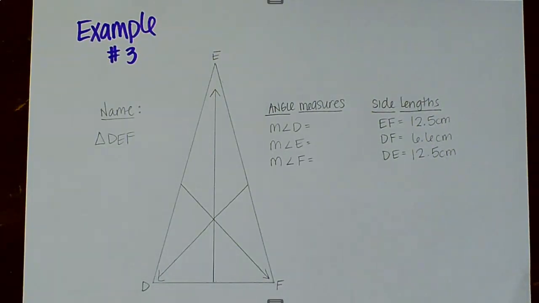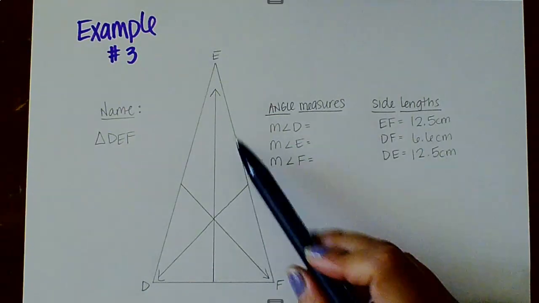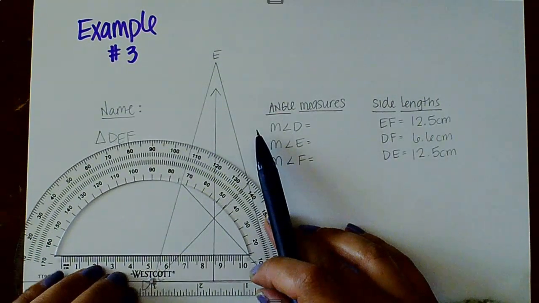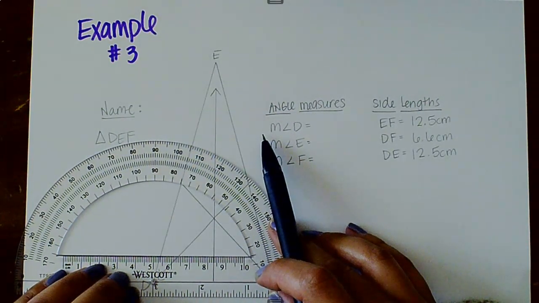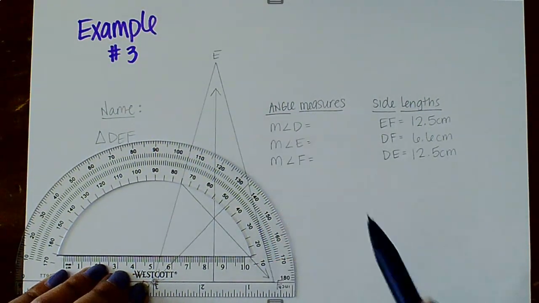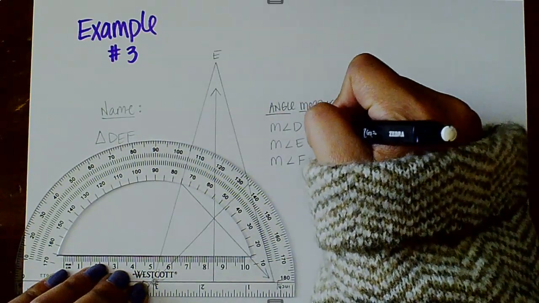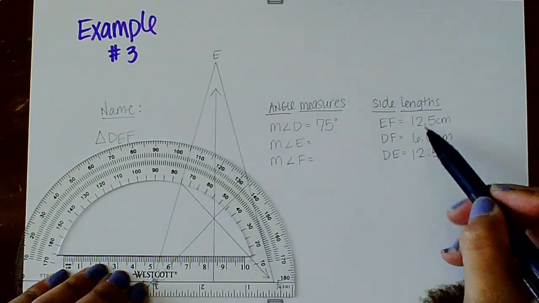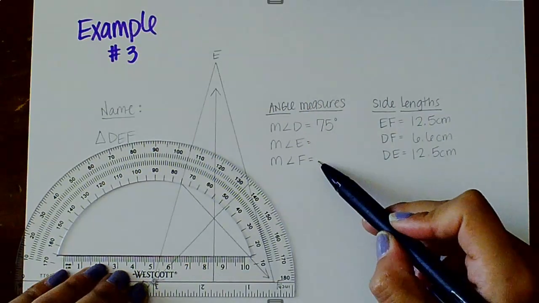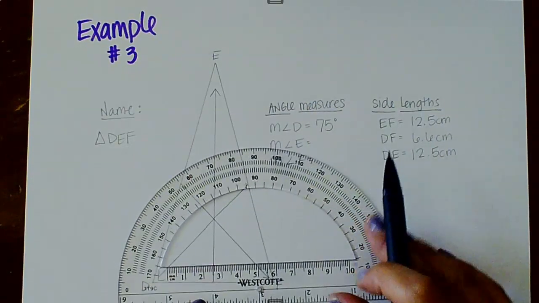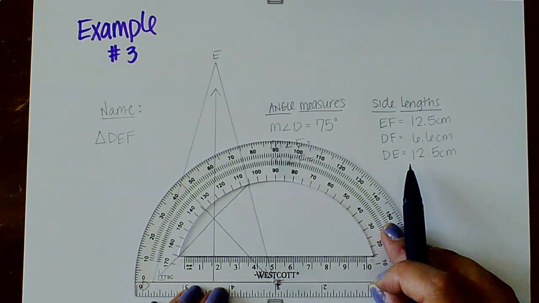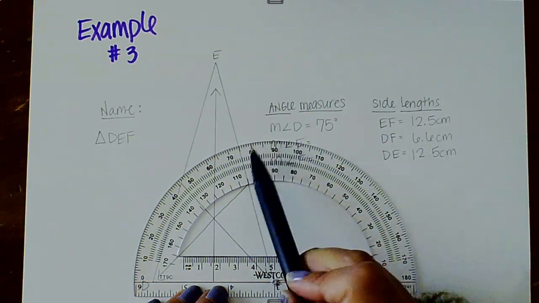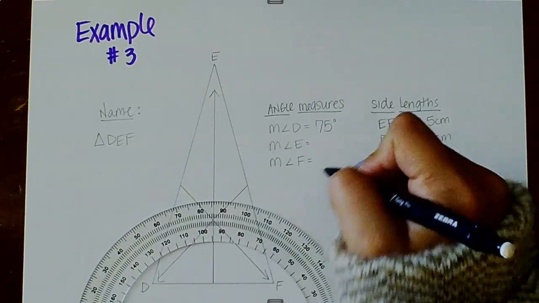So I'm going to take my protractor. First, I'm going to measure angle D, which is opposite EF. So angle D, which is exactly 75 degrees. So with these two sides being the same, their angles should be the same. So I'm going to go ahead and measure angle F and see if I do get 75 degrees, which is exactly 75 degrees.